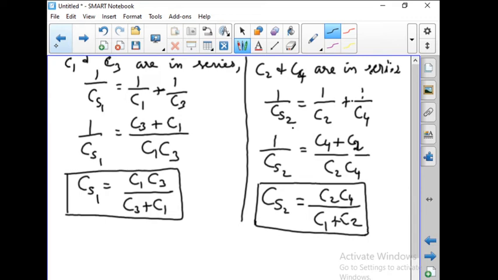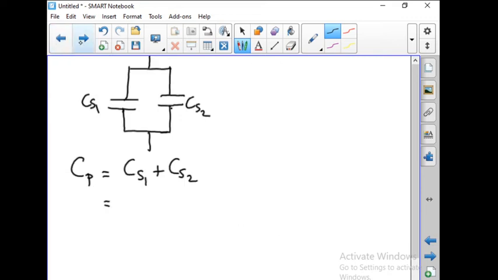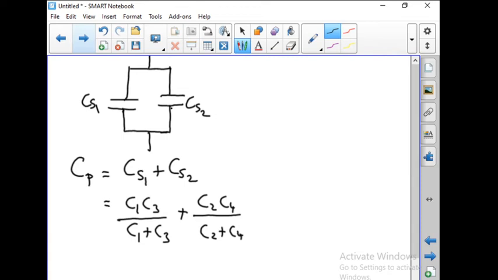What is the value of Cs1? It is C1 C3 by C1 plus C3. Similarly, what is the value of Cs2? It is C2 C4 by C2 plus C4. Now how will you calculate the equivalent capacitance?